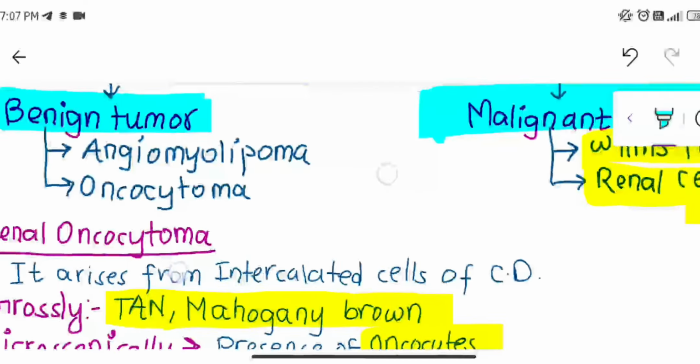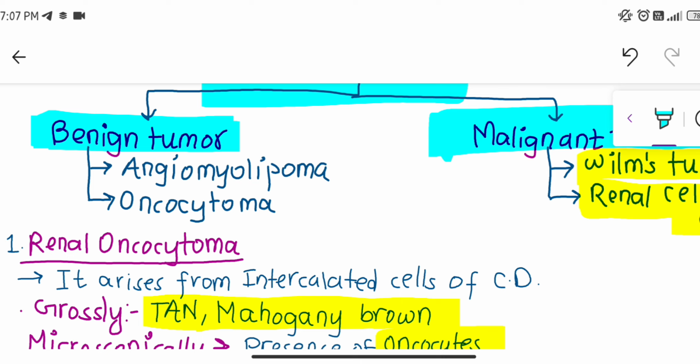They are angiomyolipoma and oncocytoma. Angio means blood vessel, myo means muscles, and lipoma means fat cells. So in this tumor you will see proliferation of blood vessels, muscle cells, as well as adipocytes.